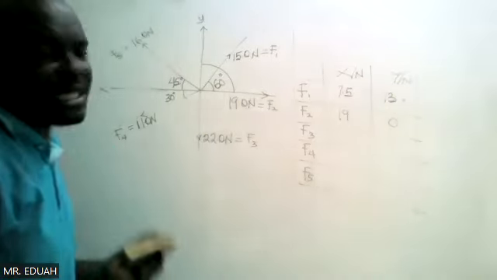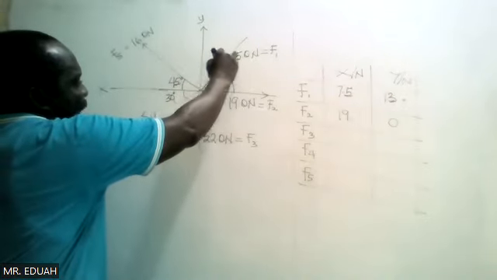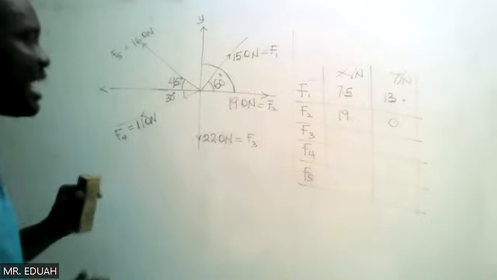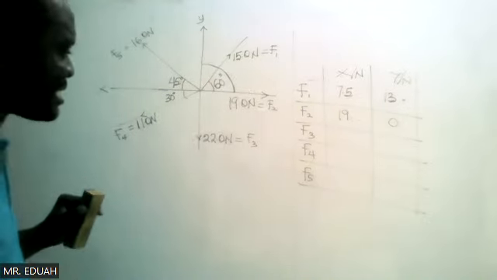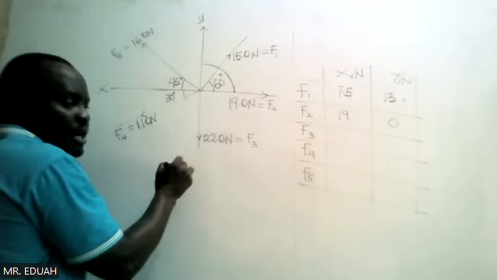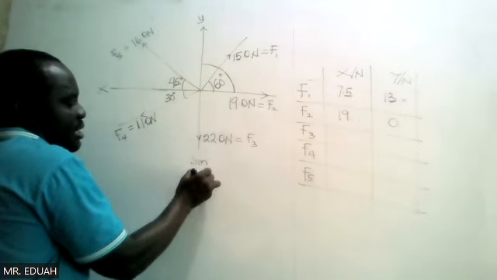Another way to do the same thing is to look at the angle it makes with the y-axis. It makes 90. And when you are considering the angle it makes with the y-axis, the order of the components is sine, cos.